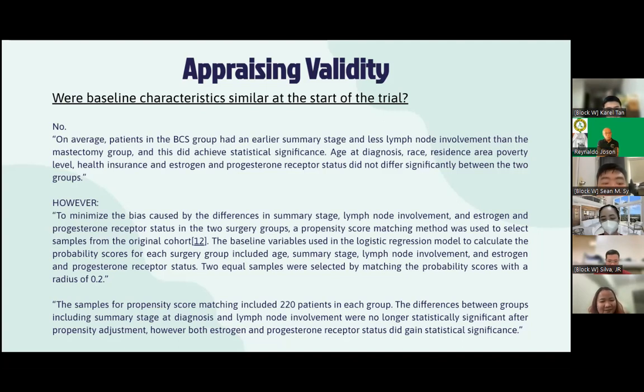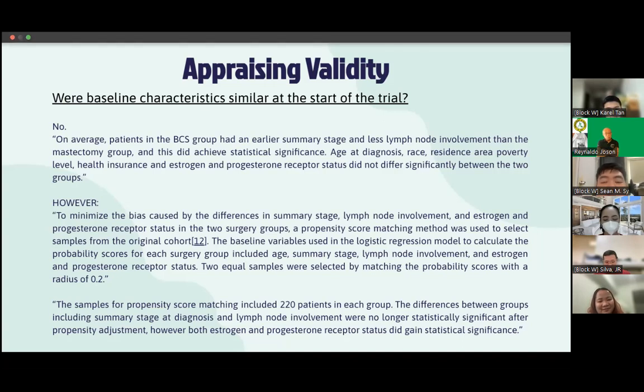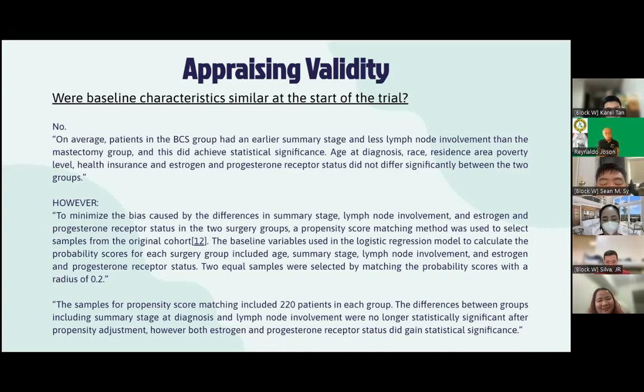So they used propensity scoring to match 220 patients from the initial group of 400 plus in each group. After propensity score matching, they were able to create a matched data set with 220 patients per group, with a total of 440 patients.